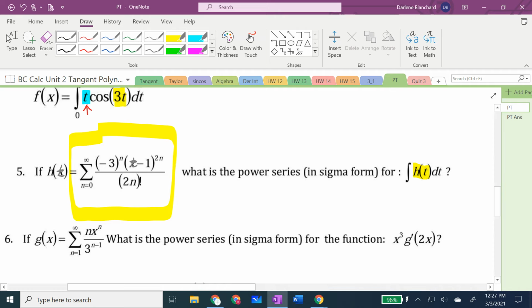Because it doesn't have limits on it, you're going to start with c plus instead of finishing with plus c. And when you integrate the formula, locate your variable, addition, subtraction due to the center, and the exponent. Everything else is a constant multiple that's just going to stick around.